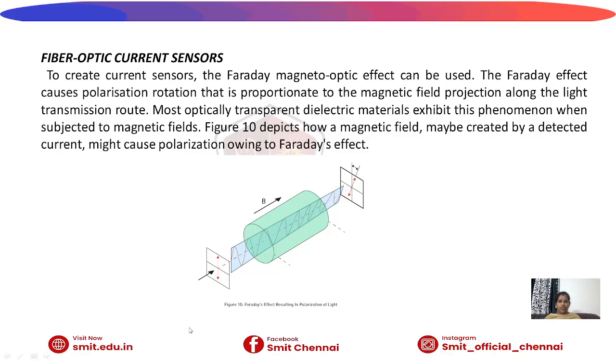The Faraday effect and the magnetic field are proportional to each other. That is called a fiber optic current sensor. By using light, it senses the current and gives the output voltage.